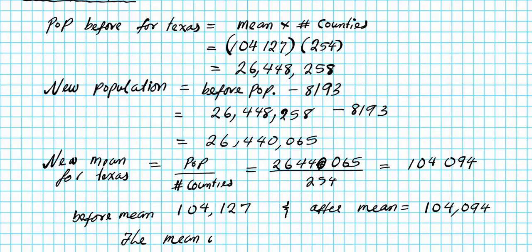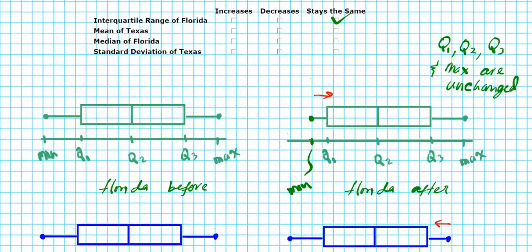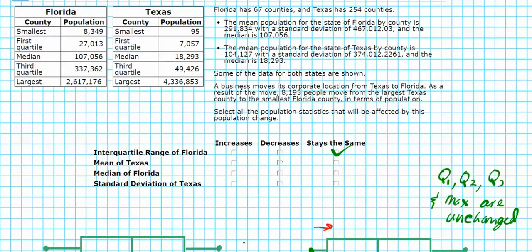The mean of Texas decreased. Okay, I hope that makes sense because you're taking out numbers from the total. So you're going to expect the mean to decrease since the number of counties remains unchanged. So the mean of Texas decreased because of that reduction in population. All right, so we're going to check off the decreases box for the mean of Texas.